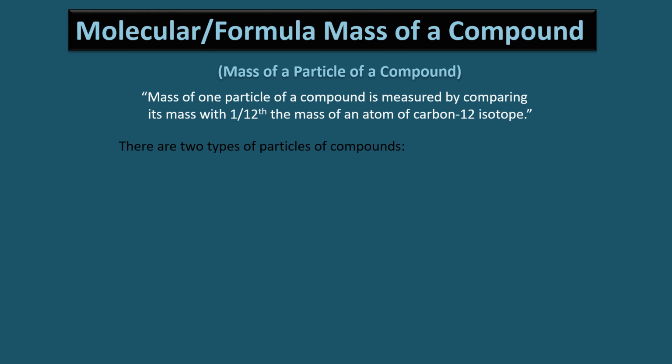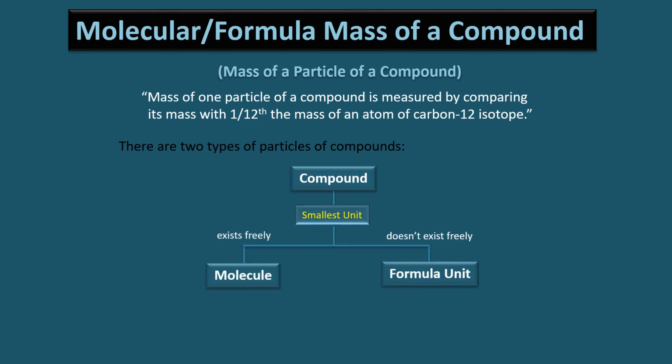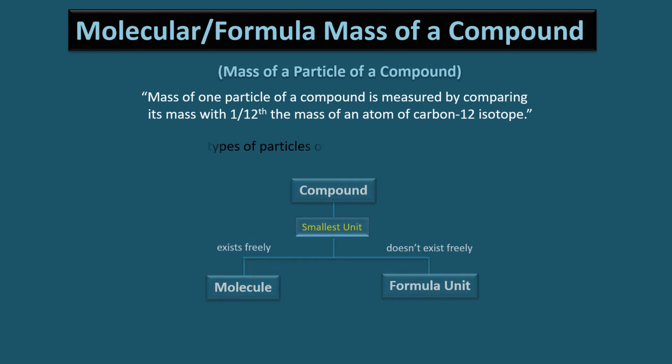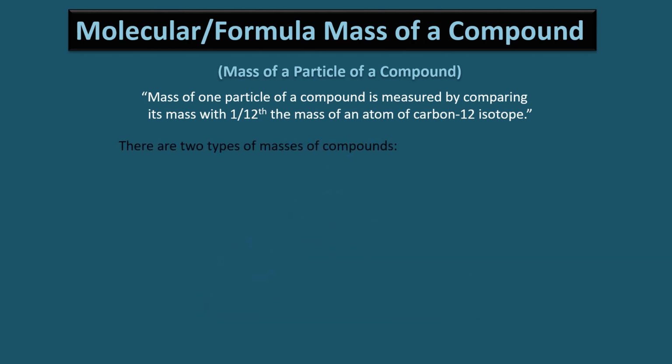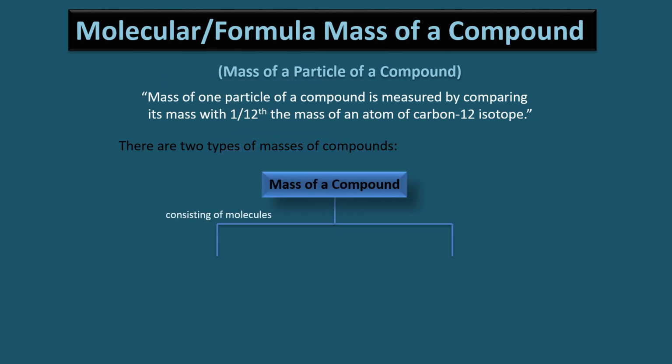As you know that there are two types of particles of compounds. They are a molecule or formula unit. So there are two types of masses of compounds. If a compound consists of molecules, its mass is called molecular mass.